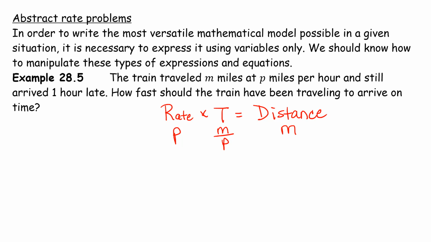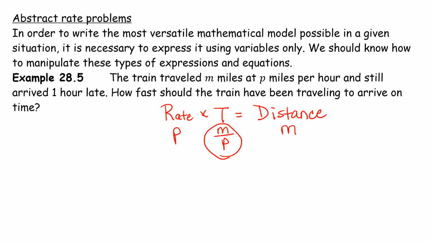So the thing you want to change here, you don't want to change the distance. The distance is not going to change. You want to change the rate, but you don't know how much to change it. It doesn't tell you. So the only thing it actually tells you about is the time. It tells you that this time here that was taken in the original situation is an hour too much. It's too late. It's too much time.